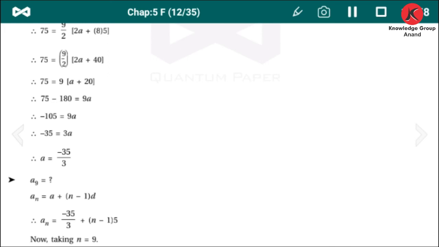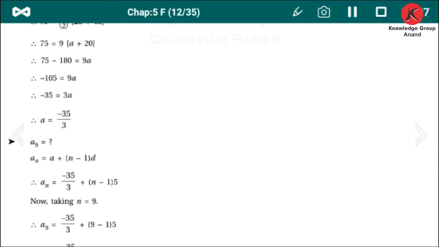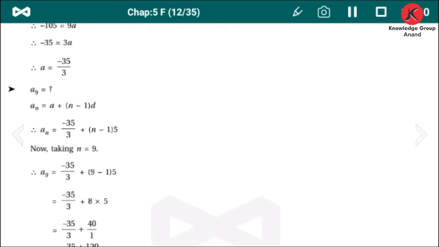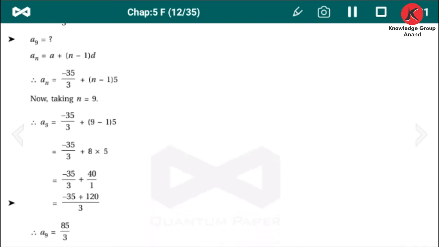Now find A9. An is equal to A plus n minus 1 into D. Putting n is equal to 9, A9 is equal to minus 35 by 3 plus 9 minus 1 into D. The difference is equal to 5. 9 minus 1 is 8, into 5, so minus 35 by 3 plus 40 by 1.